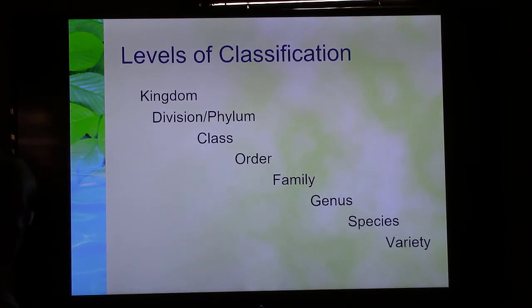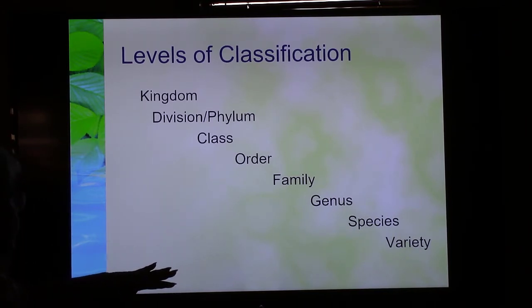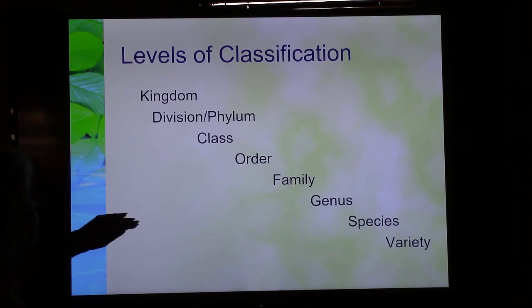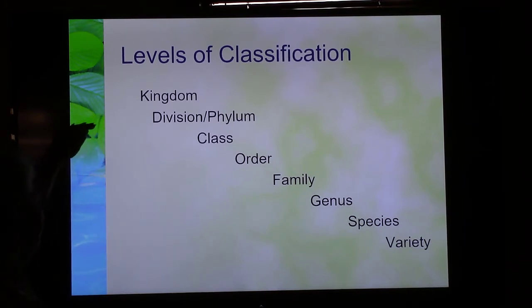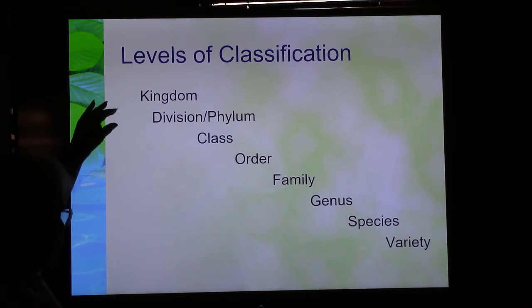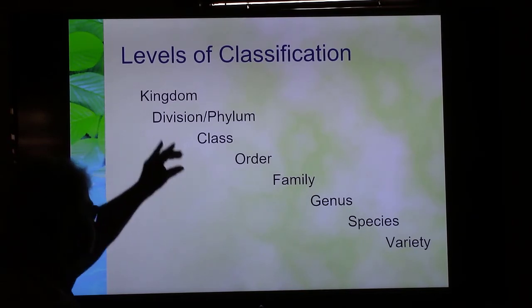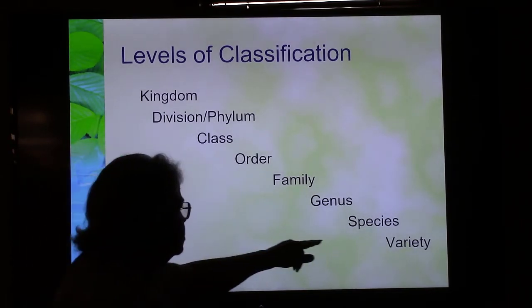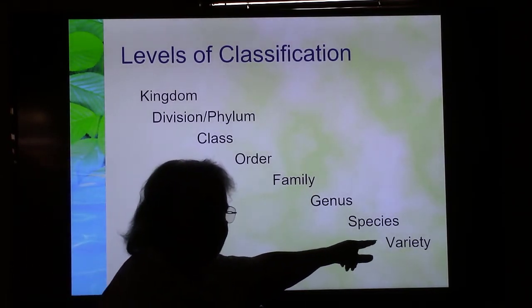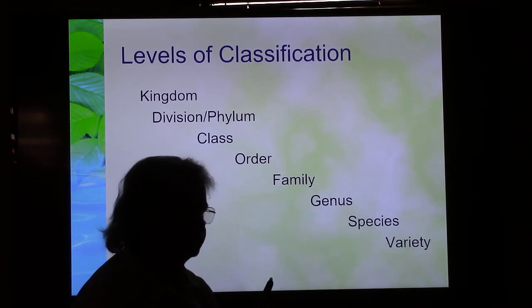Many, many years ago, hundreds of years ago, a great scientist in Europe figured out a scheme for classifying every living thing. His way of doing it was to divide the living world into groups, and then divide each group into groups, and each group into groups, until finally you got down to exactly one kind of creature.